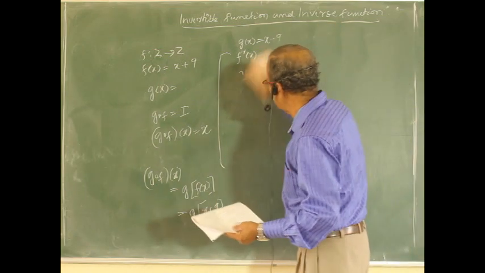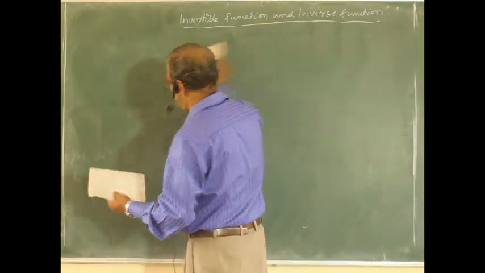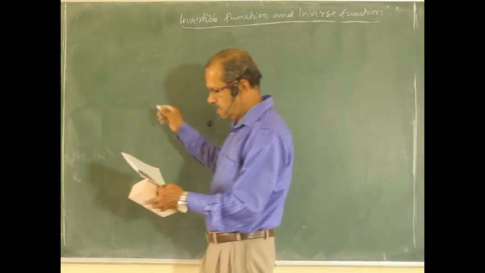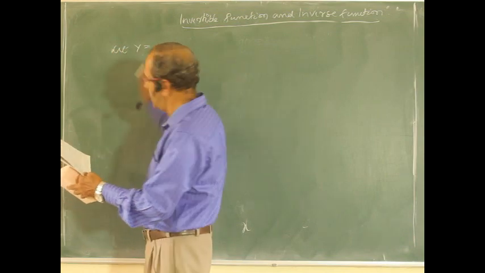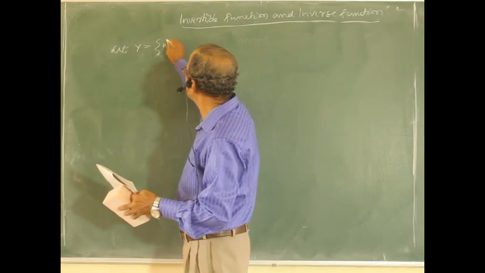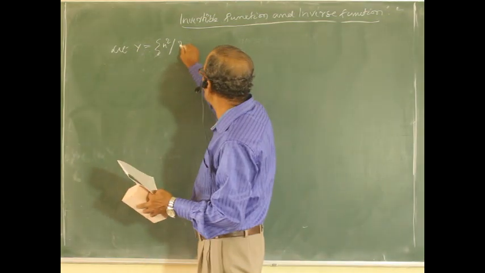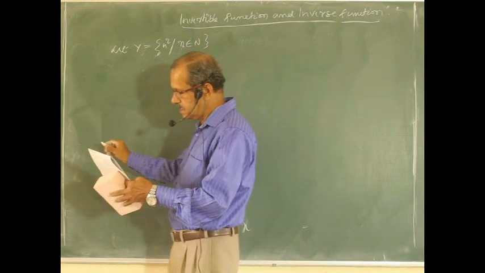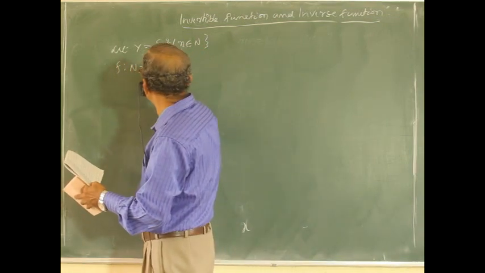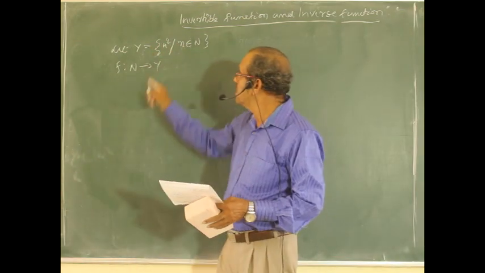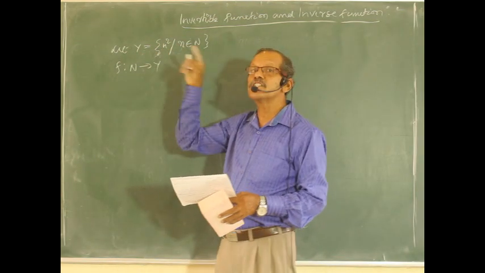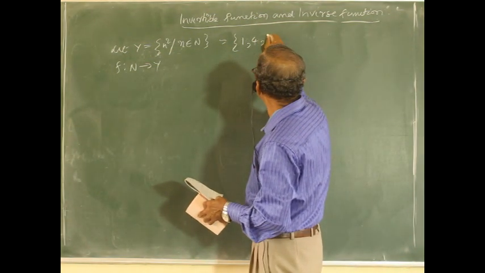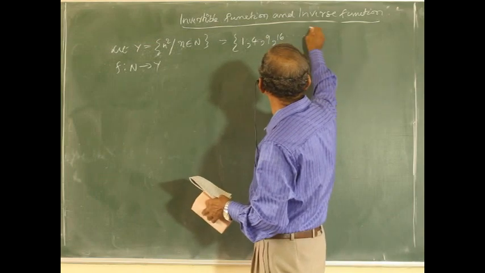Next, one more example, to check whether it is invertible or not. Let Y equal to n square such that n belongs to N, and F is the function from N to Y. Remember, Y is the set of all perfect square numbers. If you want, I can write some numbers also: 1, 2 square, 3 square, 4 square, like this.